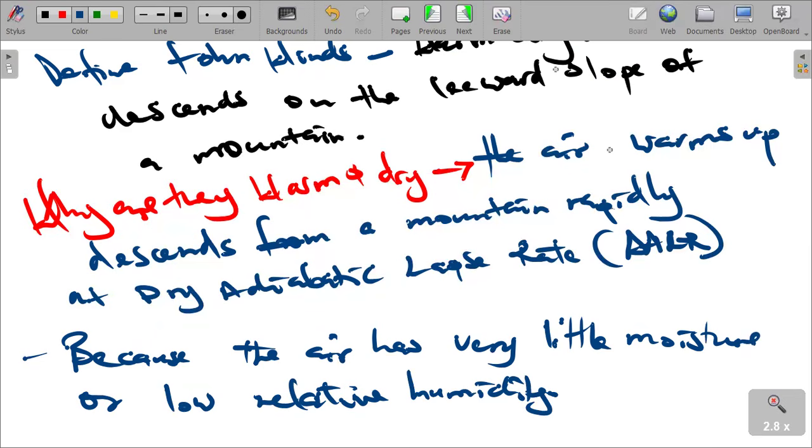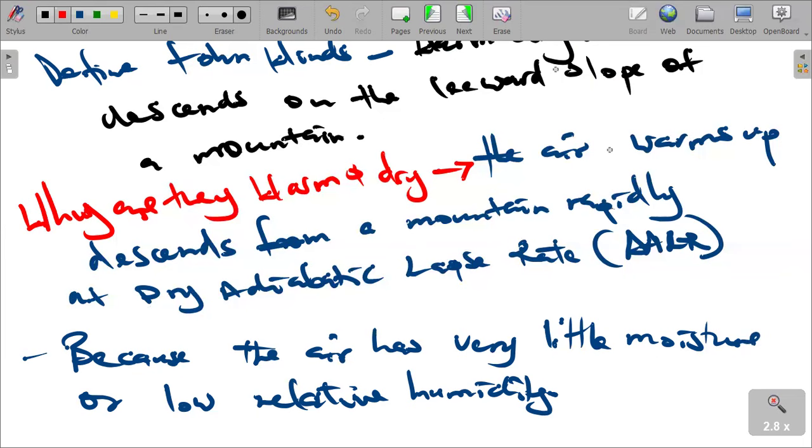Explain why foehn winds are warm and dry. This is because of the subsidence. We said that when the air masses are falling, they warm up. So the question is, why are these air masses warm and dry? They warm up because of descending from the mountain at the dry adiabatic lapse rate.